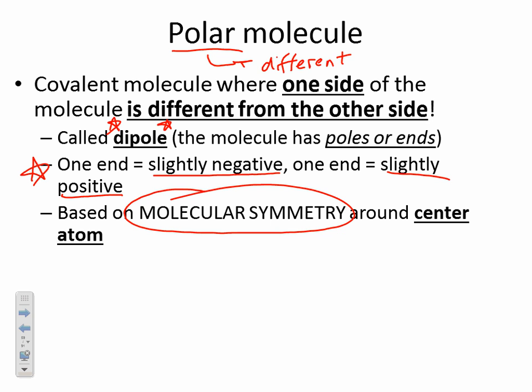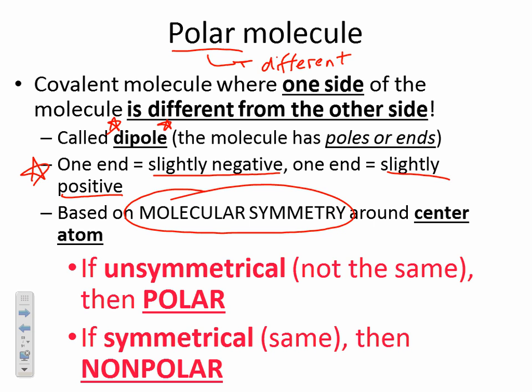So we look at that central atom and we say, is everything symmetrical around that central atom? If it is unsymmetrical or asymmetrical, meaning everything around the central atom is not the same, then it's considered a polar molecule, because polar means different, polar means asymmetrical. But if everything is symmetrical around the central atom, if everything is the same, then it's a nonpolar molecule.